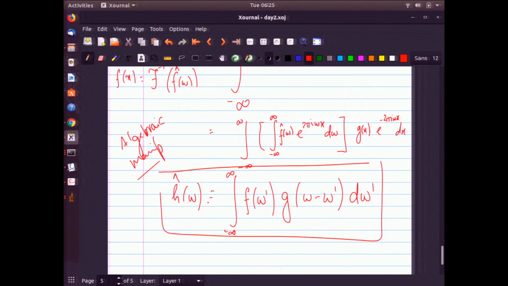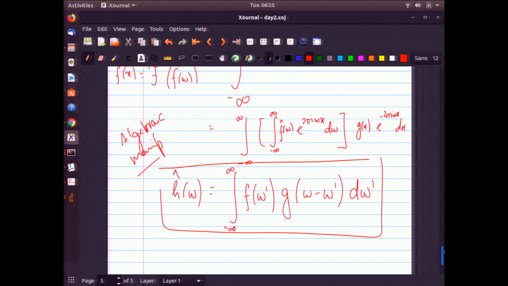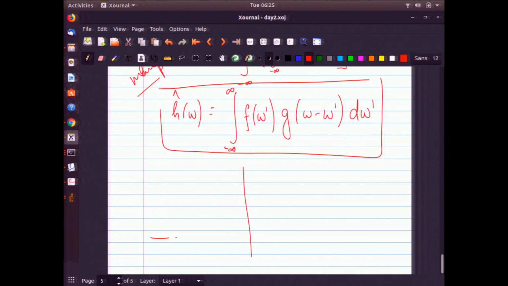Okay. And what this is saying is, let's say this is omega, and you want to know what h of omega is here. Then you take f of omega prime, where omega prime goes from negative infinity. So I will show omega prime in green.